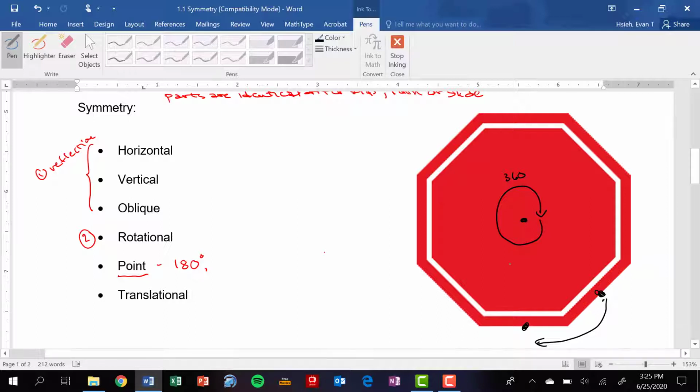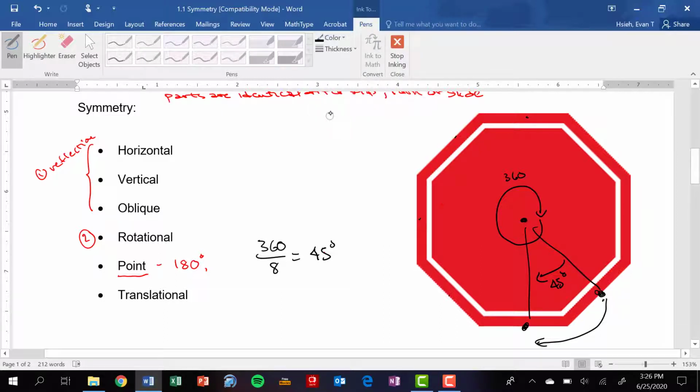It's an octagon, so there are 8 of these points. So you would do 360 degrees divided by 8, and it would be 45 degrees. So that is going to be 45 degrees of rotational symmetry.